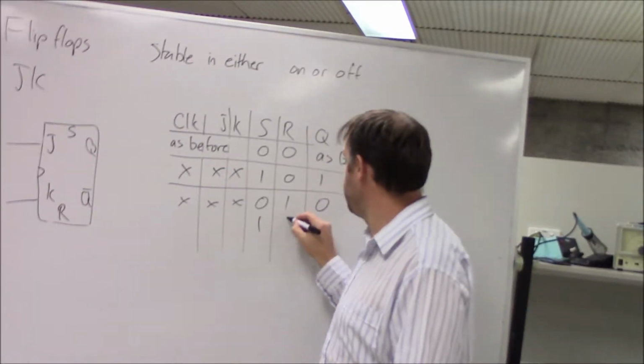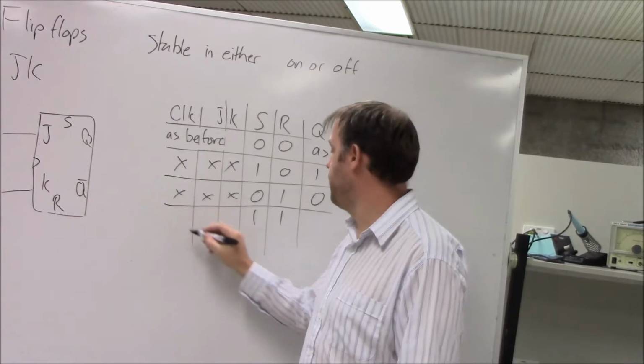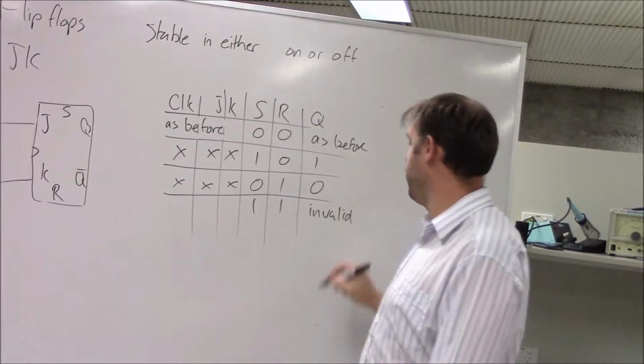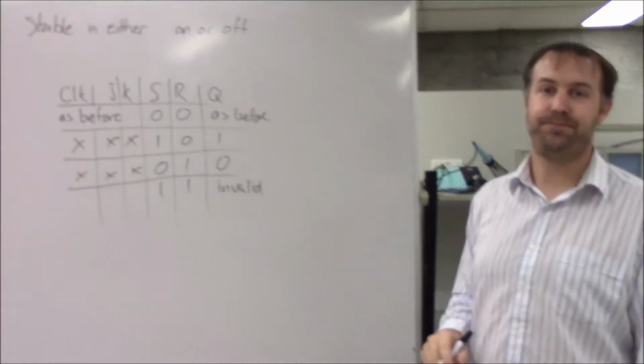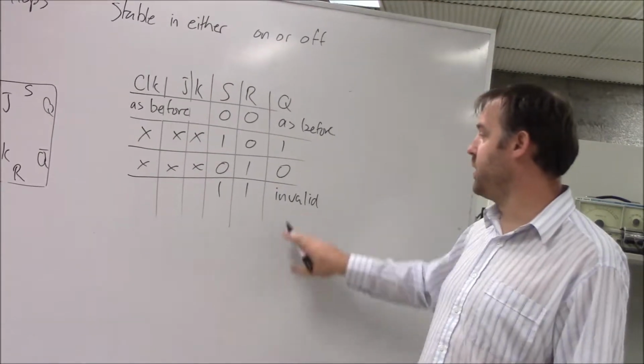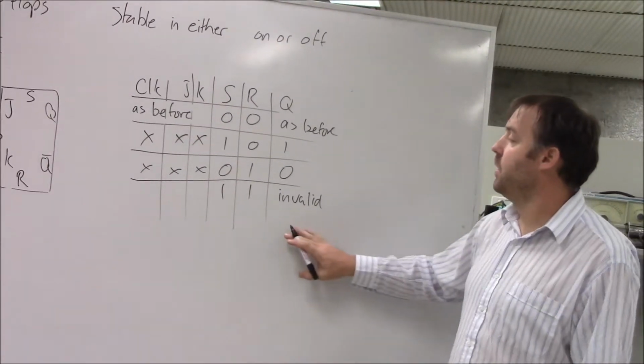And as for the asynchronous SR, this is invalid if you have both set and reset high. Okay, so you cannot have both set and reset high because you won't get an output you can rely on.